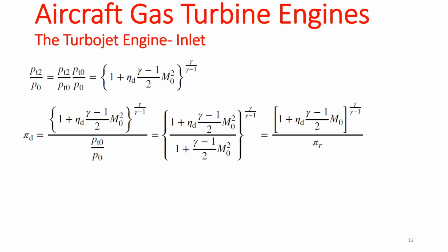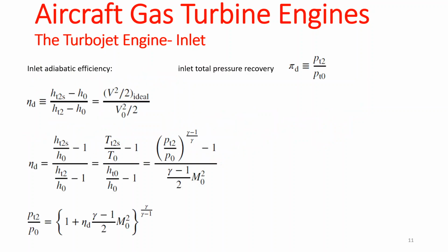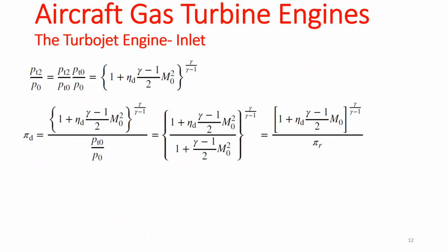This is what you're going to get for your pressure recovery, total pressure recovery. So your total pressure recovery is related to your diffuser efficiency, and this is a diffuser total pressure ratio or recovery. Since we are dealing with total pressure, let's call it pressure ratio, doesn't really matter.